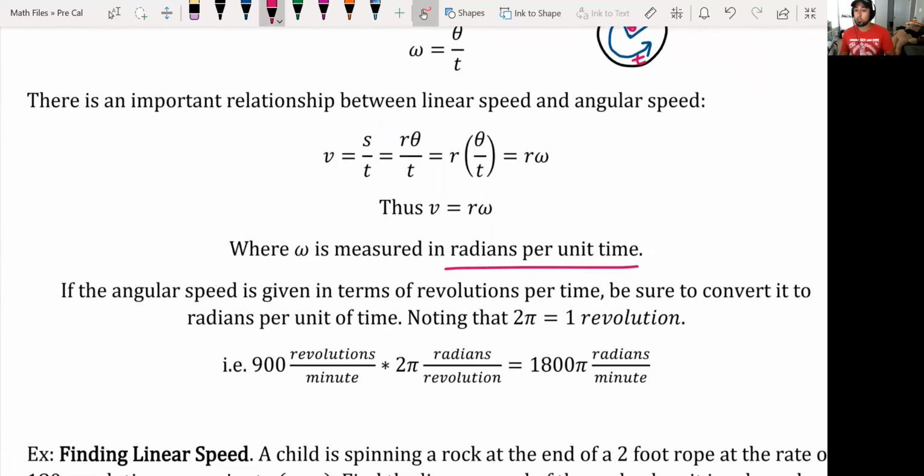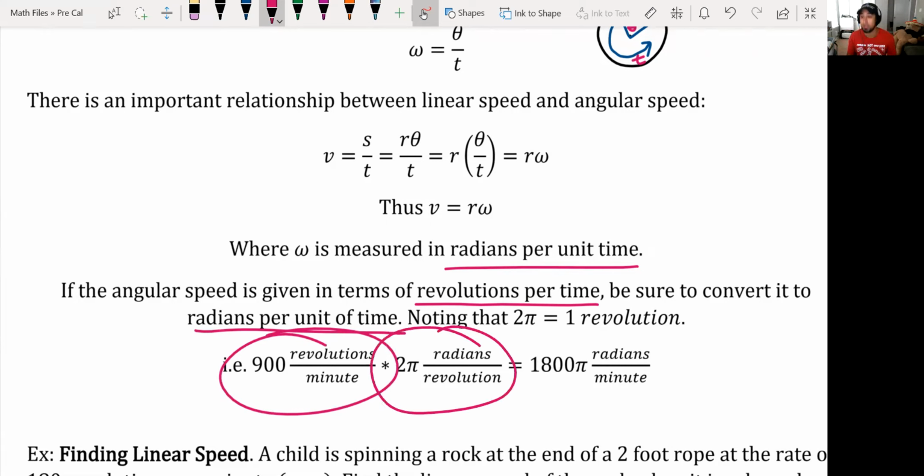So if the angular speed is given in terms of revolutions per time, be sure to convert it to radians per unit of time. And the problem will specifically say revolutions per unit of time, like you'll see it. So in order to convert it, you take whatever revolutions it gives you. In this example, we're given 900 revolutions per minute. To convert it to radians per unit of time, we multiply it by 2 pi.